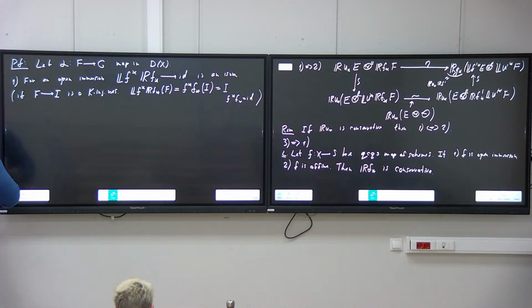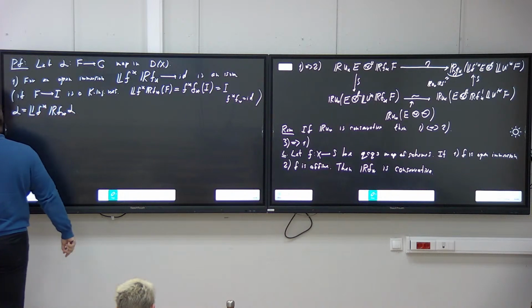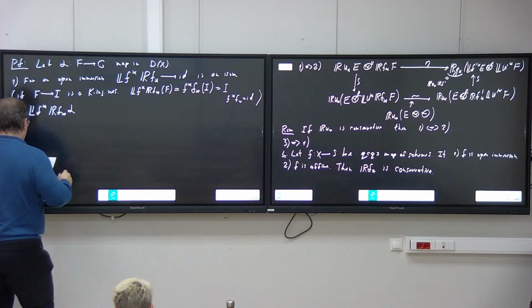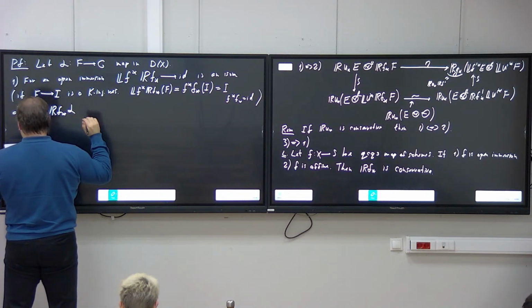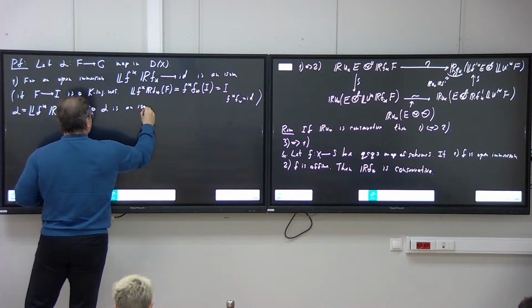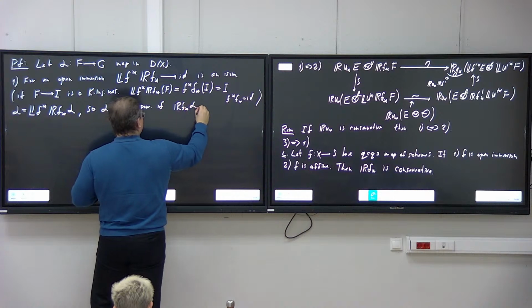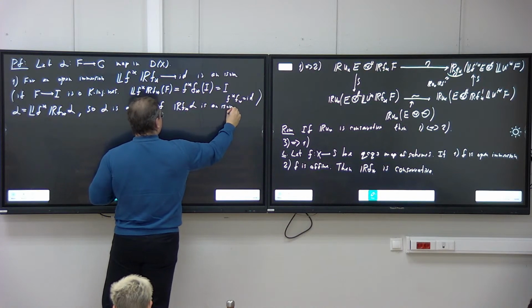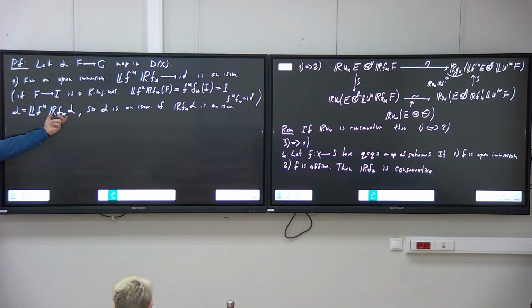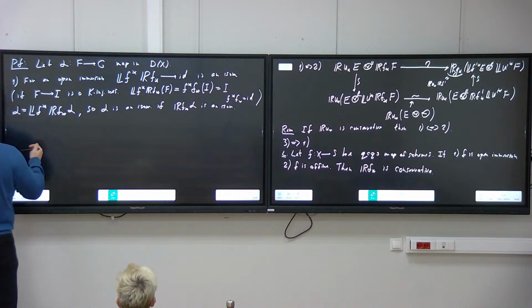So we're almost done with this proof, because now I can write alpha as the pullback of the push forward applied to alpha, by this identity, so alpha is an isomorphism if the push forward of alpha is an isomorphism. If this term is an isomorphism, then the pullback is also an isomorphism. If you apply any functor to any isomorphism, you get an isomorphism. So that's the proof of part 1.